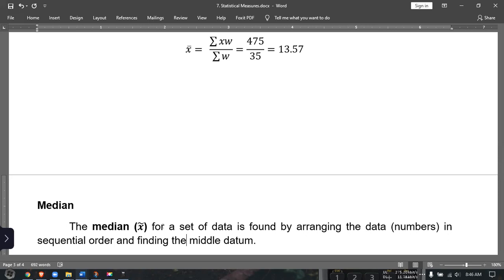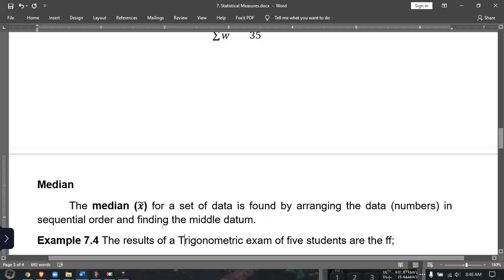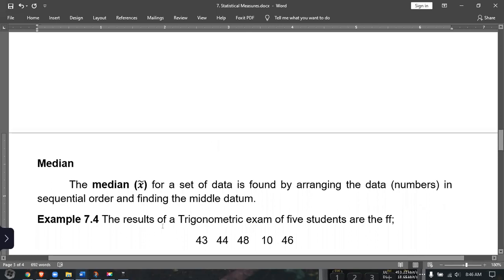If we have an odd number of observations, there's only one middle value, and whatever it is will be your median. For example, the results of a trigonometry exam of 5 students are 43, 44, 48, 40, and 46.